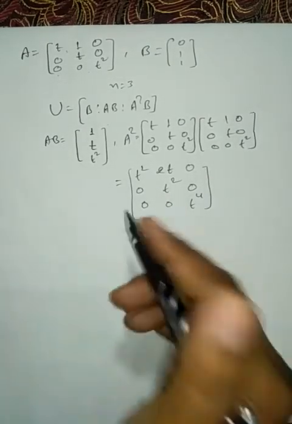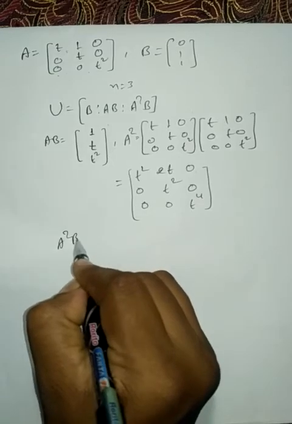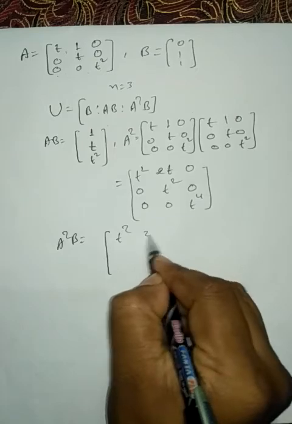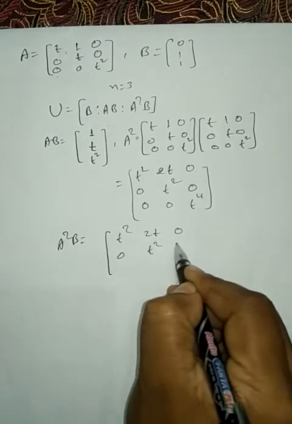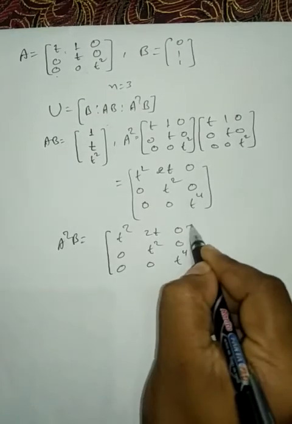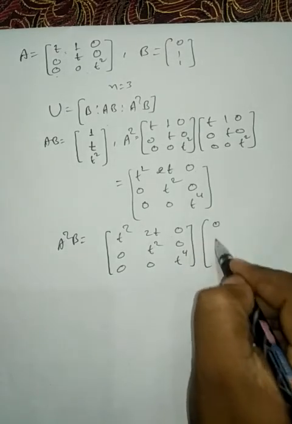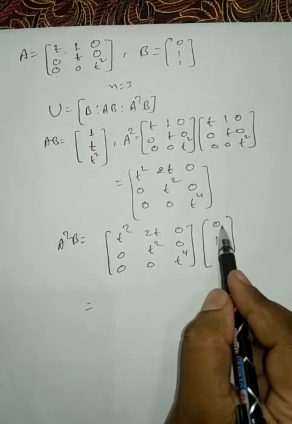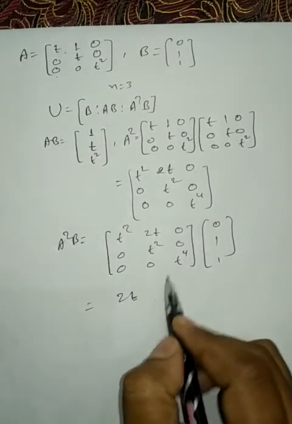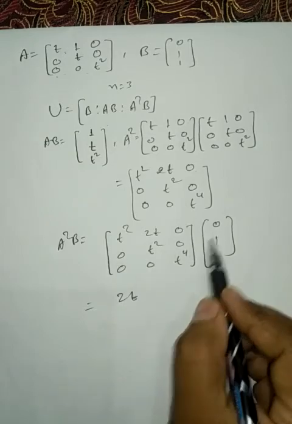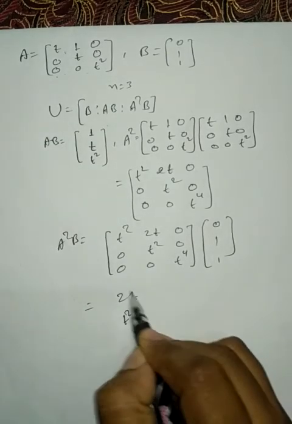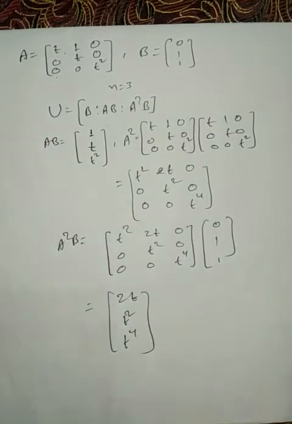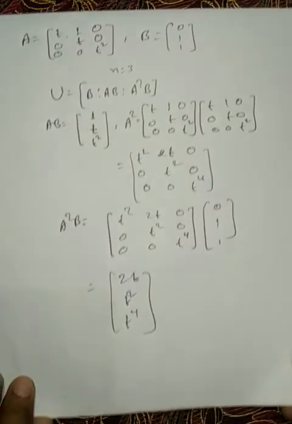That is the A square matrix. So what will be the A square B matrix? Multiply this matrix [T square 2T 0; 0 T square 0; 0 0 T raised to 4] with [0; 1; 1], and we get 2T, T square, and T power 4. This is our A square B matrix, right?